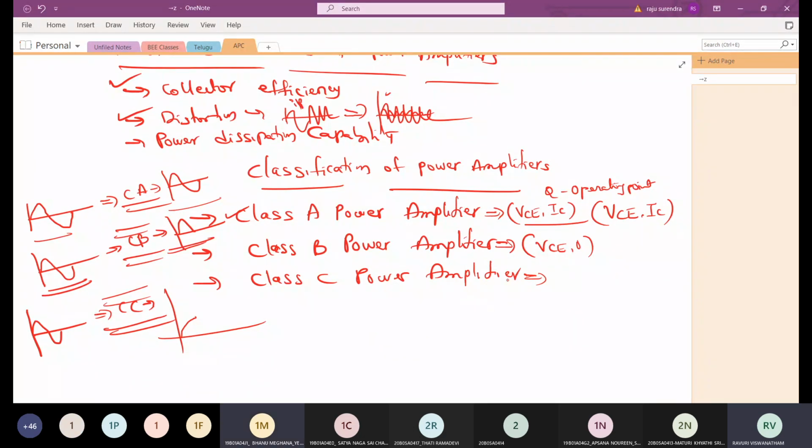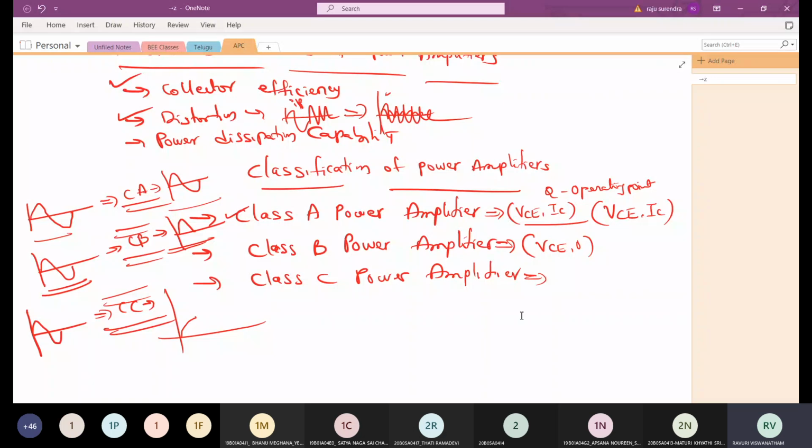Class A, since the collector current flows in the entire cycle, so much heat will be produced. And obviously collector efficiency is also highest in class A.